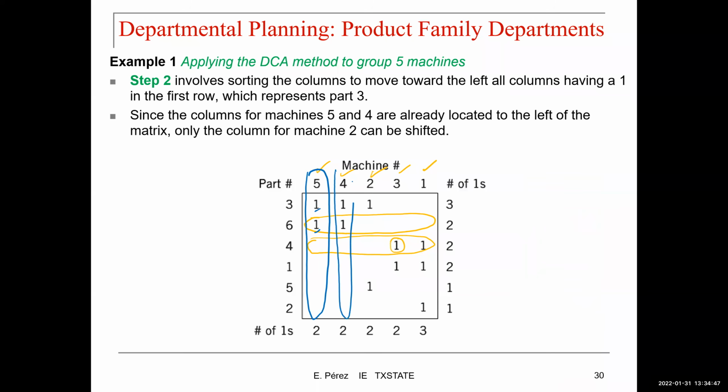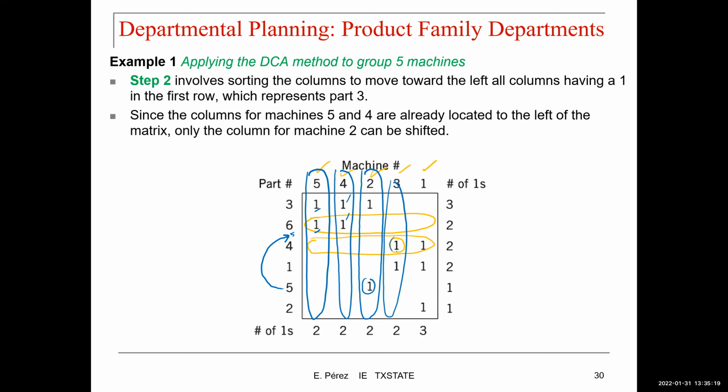Same thing here, 1 here, 1 here, nothing can be moved. But then I go here, and I have this one that can be moved up. So that means that I can put that in here, right? So row 5 is going to be moving between 3 and 6 and 4. And then I move to the next one.